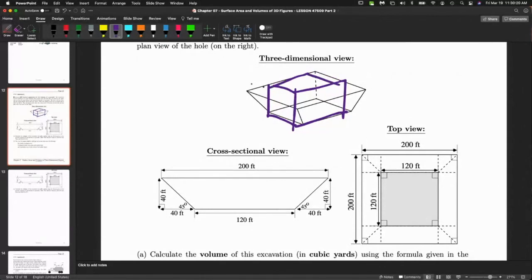But as you know, in real life, it flares out. The reason it flares out is because in real life, soil is not like concrete. Soil is going to slide and form a sloped surface. So this is the side view of the excavation. You can see here that there's a sloping edge now, instead of it being vertical, it's on an angle.